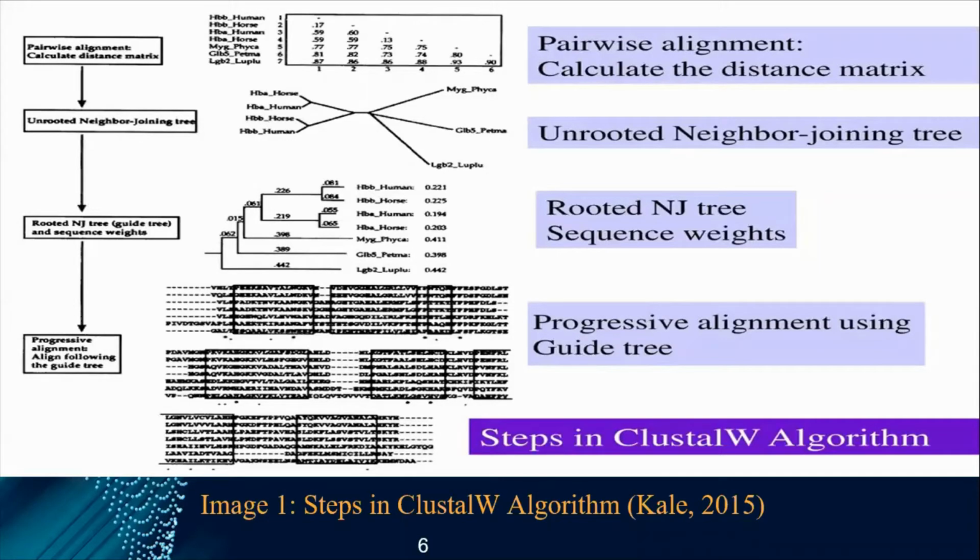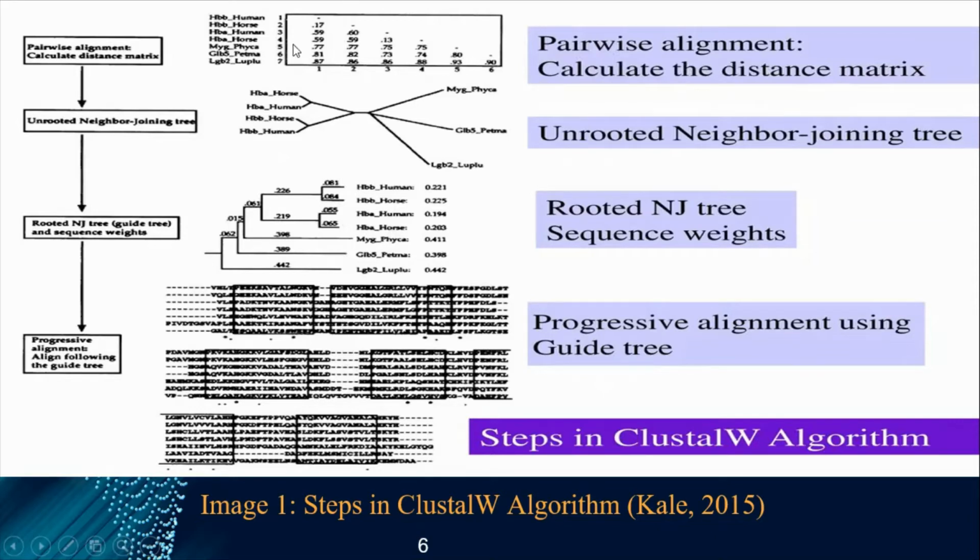Now here I have an image that is showing the steps in Clustal W algorithm, and we can also see in the middle here what exactly it would look like at each step. So for the first step here, we have pairwise alignment, and this is where they would calculate the distance matrix.